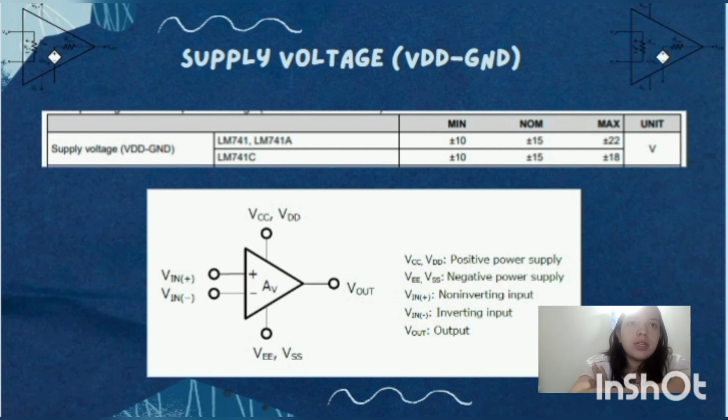Supply voltage, VDD GND. Supply voltage is the electrical potential difference between a voltage reference point, commonly referred to as ground or GND, and the electrical power supply point, commonly referred to as VDD.